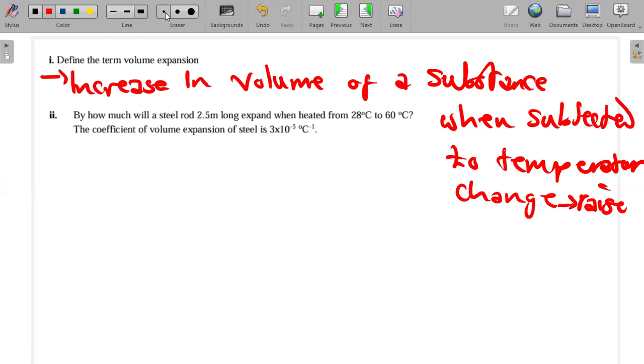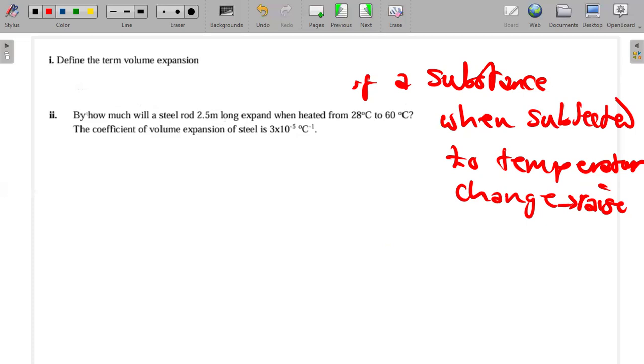And question 2 is saying, by how much will a steel rod 2.5 meters long expand when heated from 28 degrees Celsius to 60 degrees Celsius?